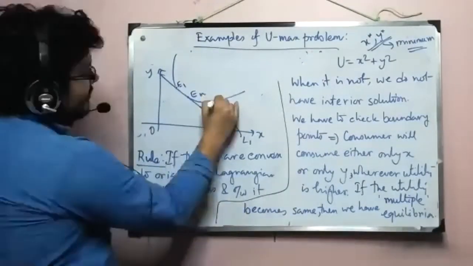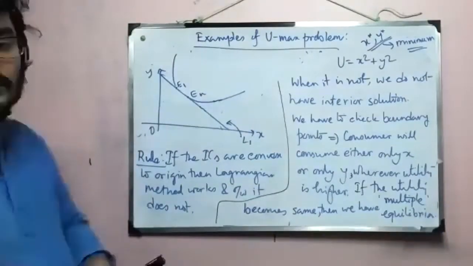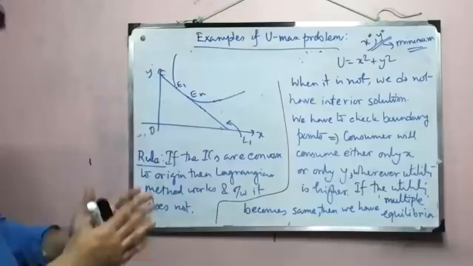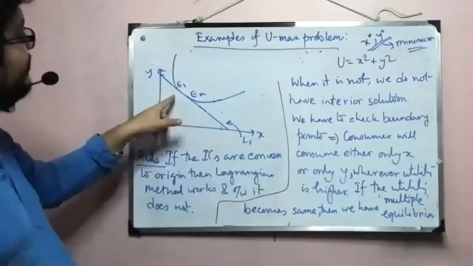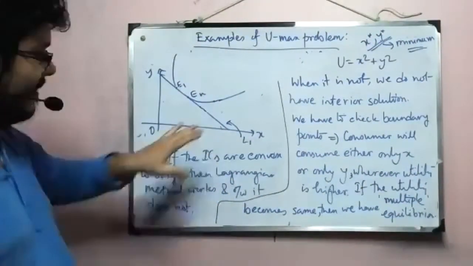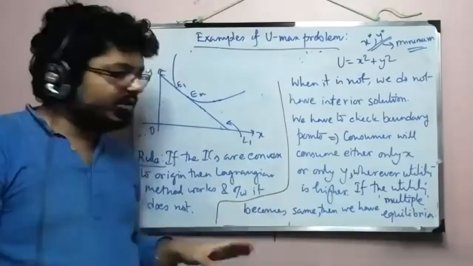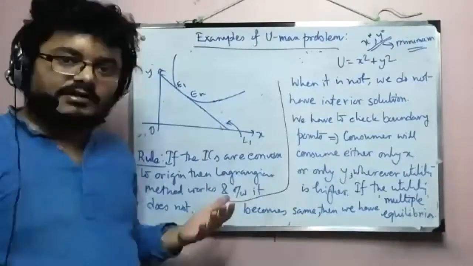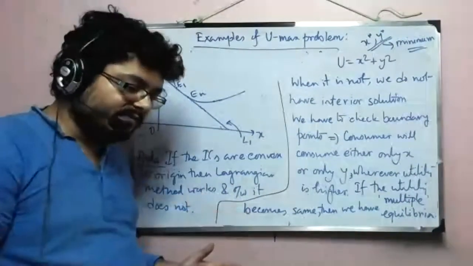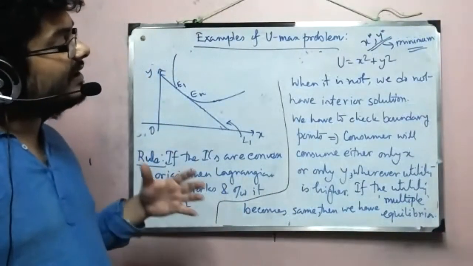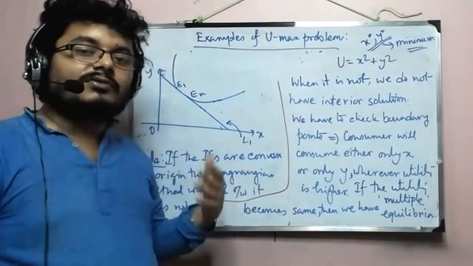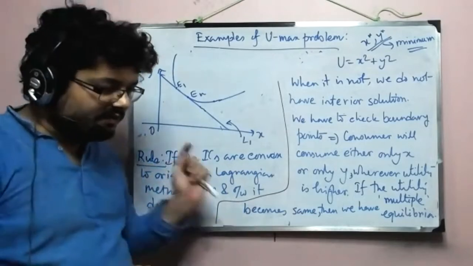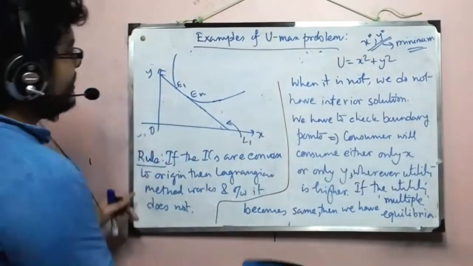And there also at optimum, when I'll be evaluating the bordered Hessian, the sufficient condition will treat this situation as if a straight line is there, and it will completely ignore what happens in these parts. All right, so there is this complexity, but through this exercise we learned when our Lagrangian method works, when it doesn't work, how to segregate them, and also when the Lagrangian method does not work, how to solve the problem.